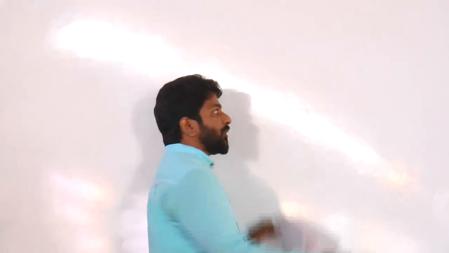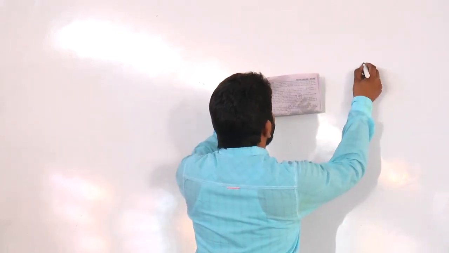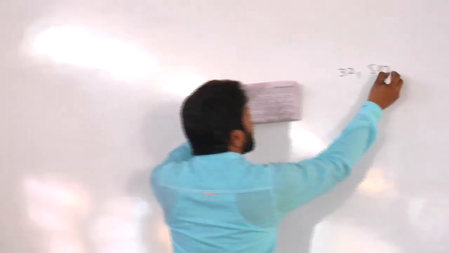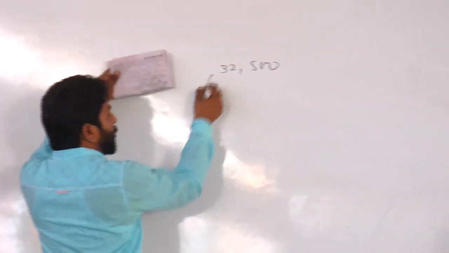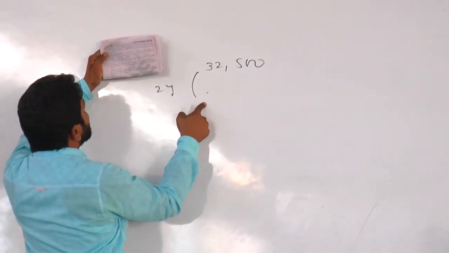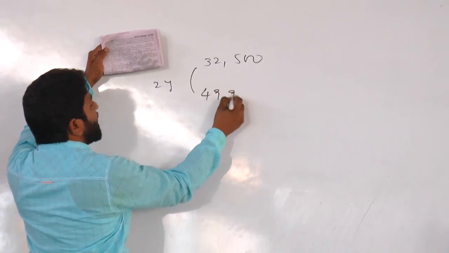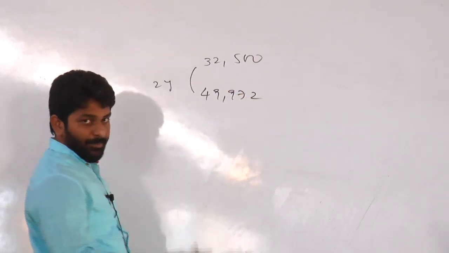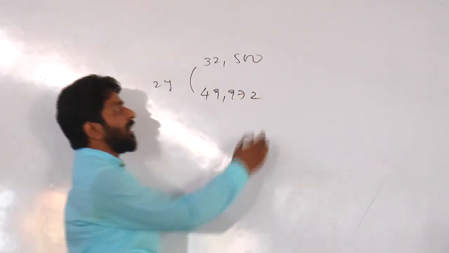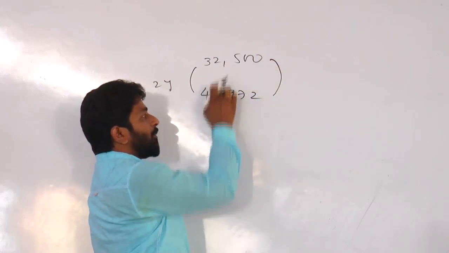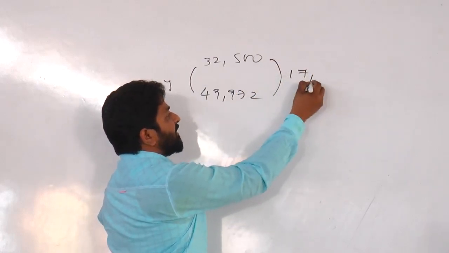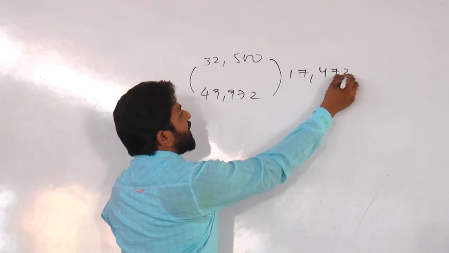Right? That is compound interest. So at present we have 32,500 and in 2 years it increases to 49,972 and you are asked about percentage increase. First let me observe the change here. How much increased? 17,472 increased.